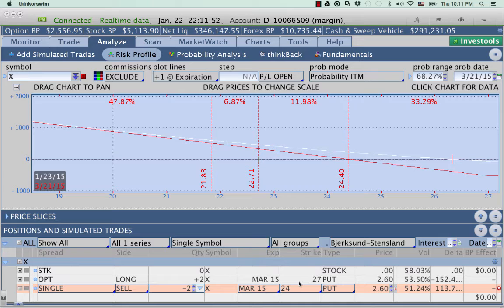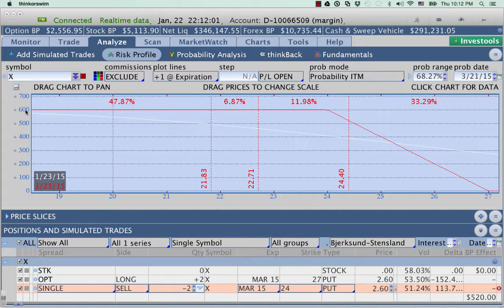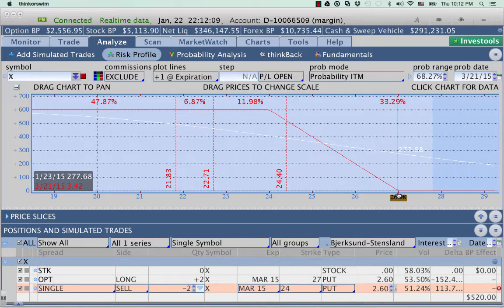That's 3 points times 2 contracts, so it'll cap the gains to $600. But what's really cool about it is it moves the profit zone down and eliminates all the risk on the trade. So let me walk you through how that looks.